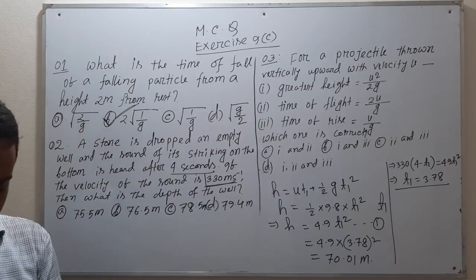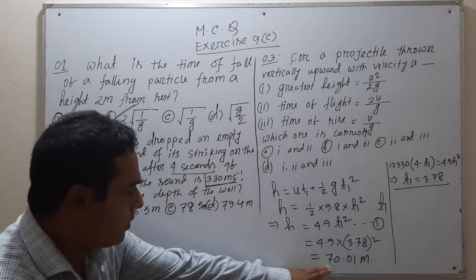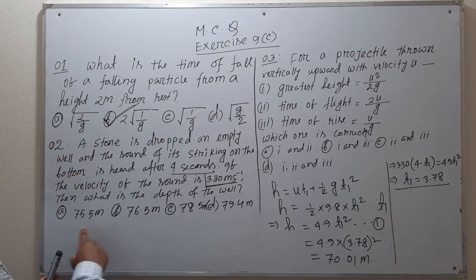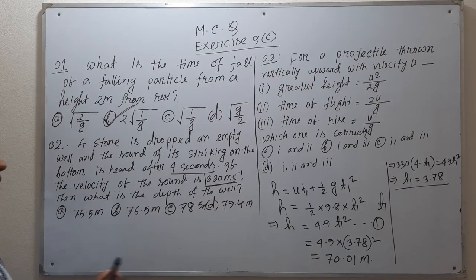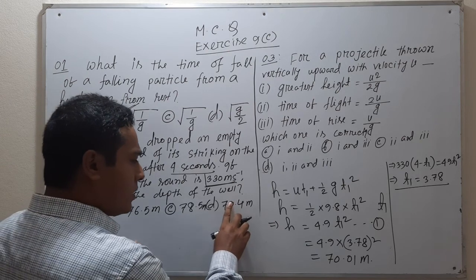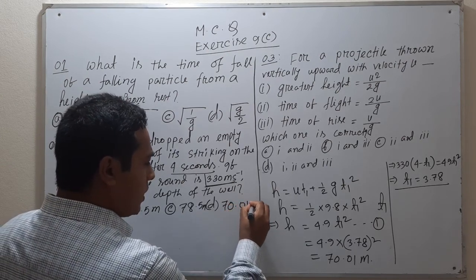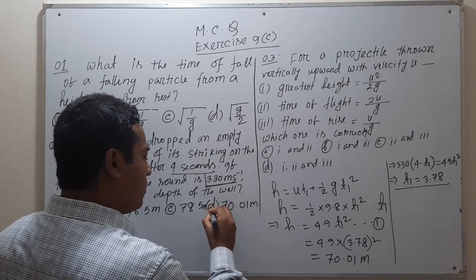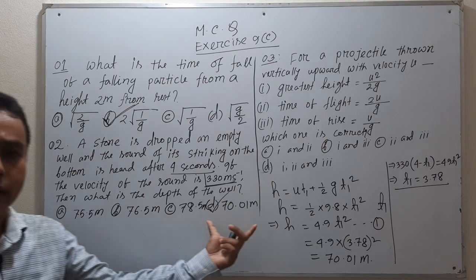But here the answer options do not match this answer. So there is no correct answer in these options. If this answer option were 70.01 meter, then the answer would be D. In the previous one there is no correct answer.